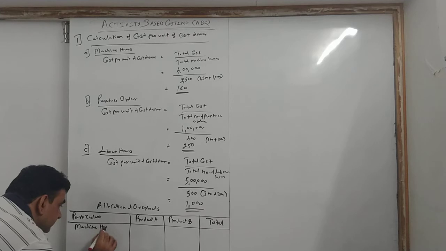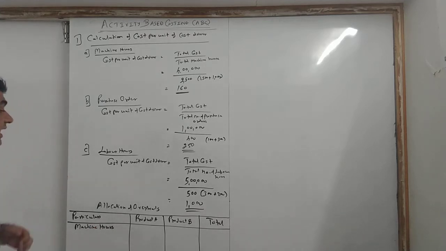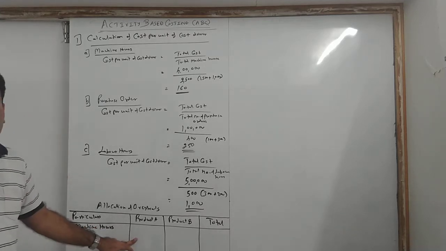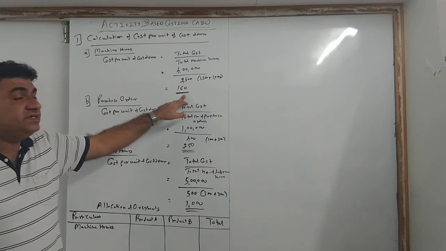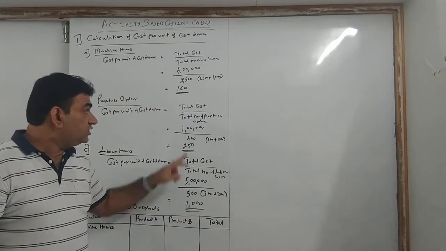Machine hours. Okay, now see, product A 160 per hour, B also 160 per hour.